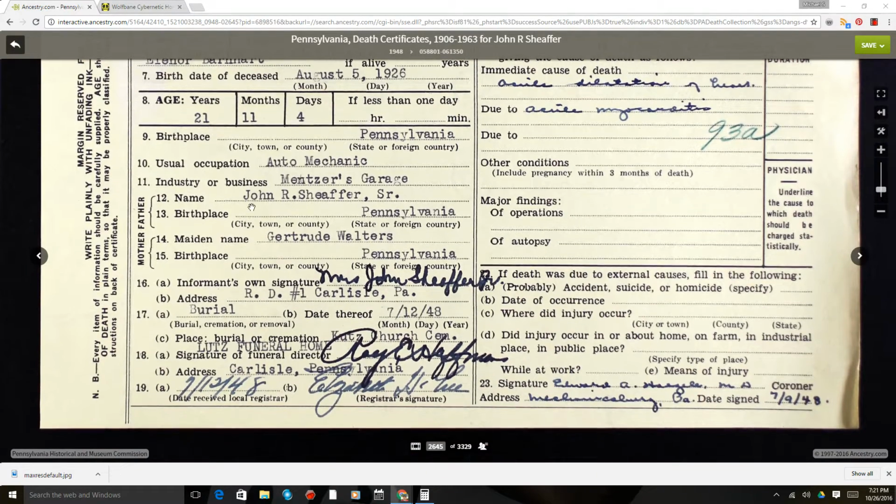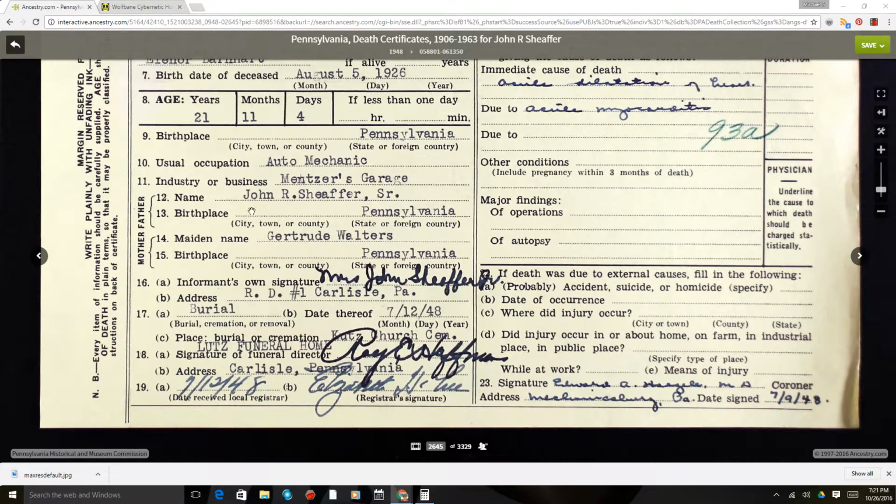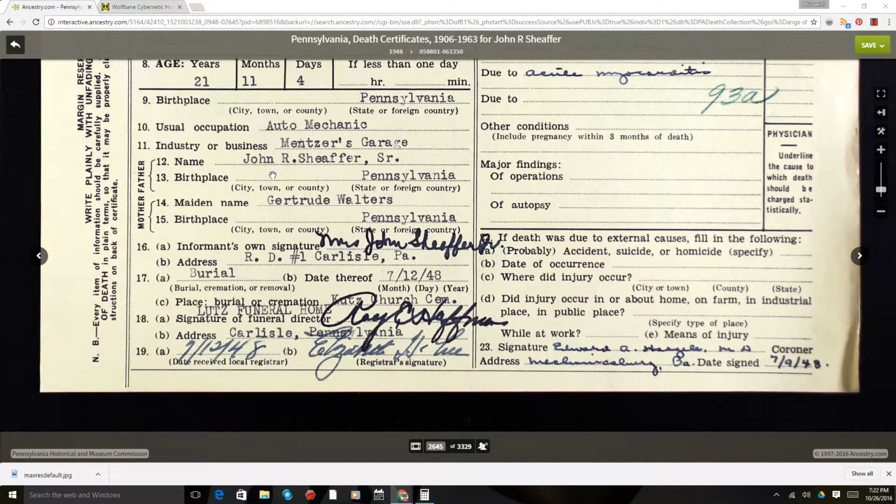And like I said, a lot of these with the name Schaefer, and especially with the name John, they always carried their middle initial when they signed stuff to differentiate themselves. And again, it doesn't give his town of birth either, but it does give the state of Pennsylvania, and his mother's name. Same thing, no town.